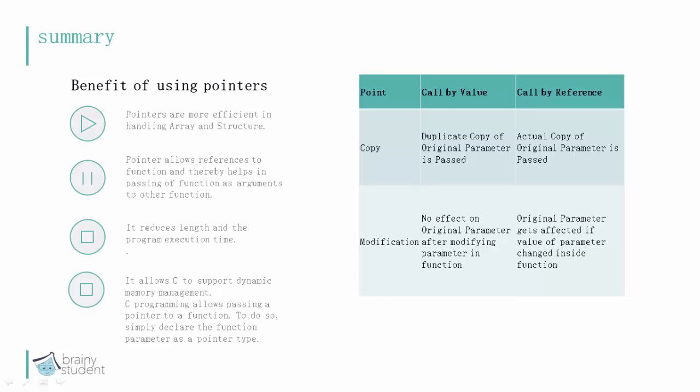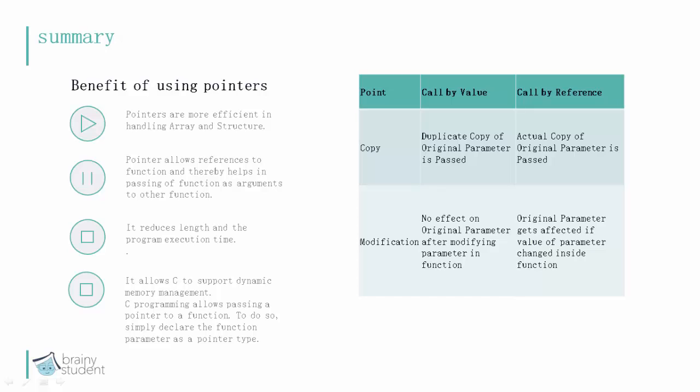Now we are having call by value and call by reference. So first, call by value. In this, duplicate copy of original parameter is passed. Fine. So in call by value, there is a duplicate copy, while in call by reference, like we did swapping, in that swapping we are working on the original parameter also only. We are not making copy of that data.